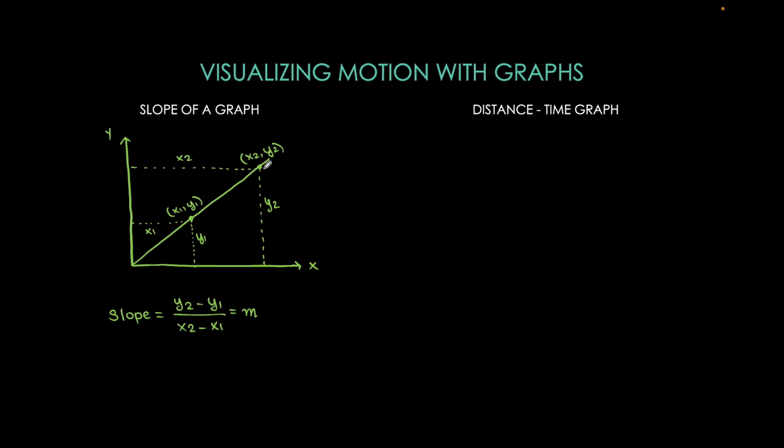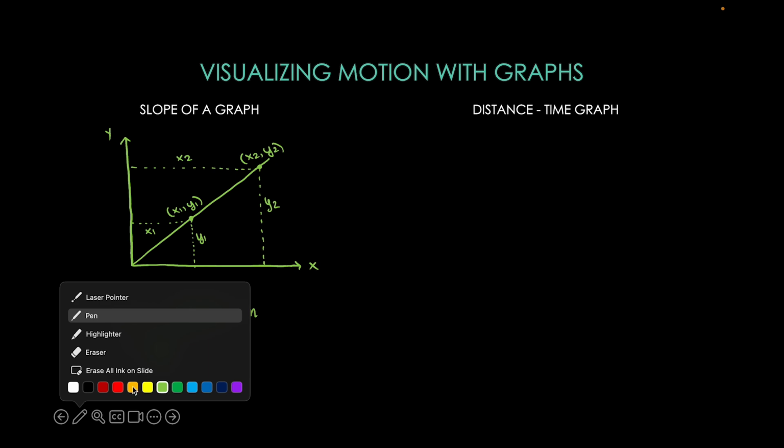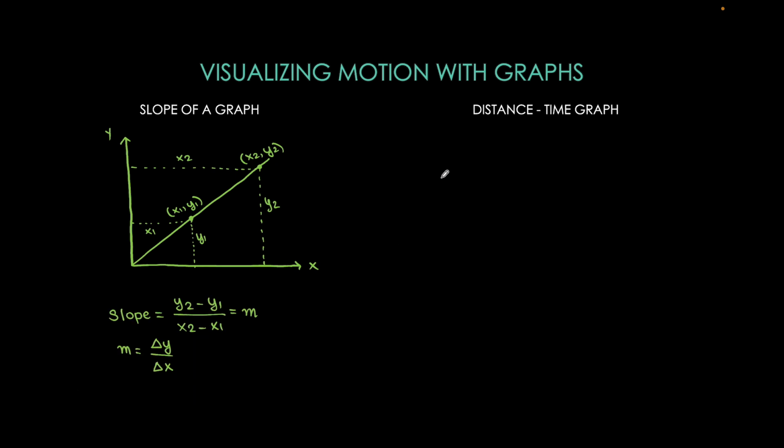Similarly, x2 is the x coordinate of the final point and x1 is the x coordinate of the initial point, right? So slope is defined as change in y coordinate divided by change in x coordinate. So with this concept, we'll try to find out the slope of the distance time graph.